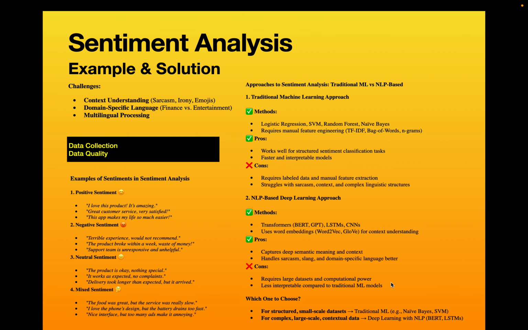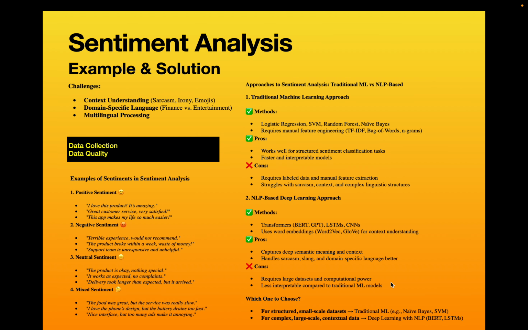Now in traditional ML, there are certain manual efforts: you need to put in certain parameters, tuning, you need to define certain keywords, and you need to train the model from scratch. This is how it goes, but there are pros and cons associated with it.